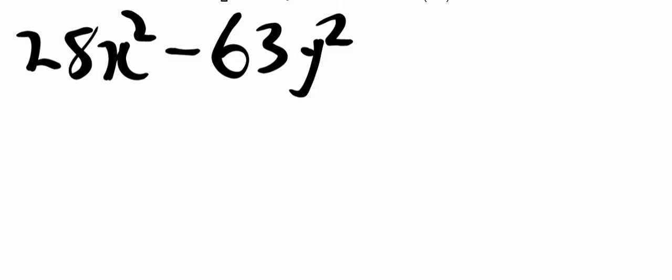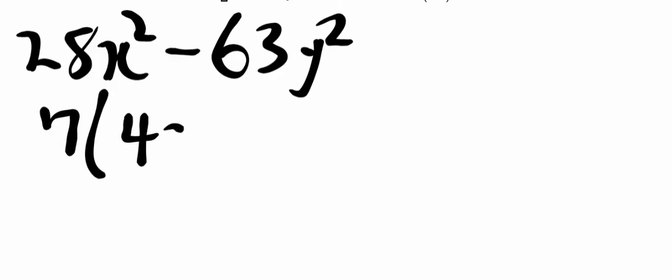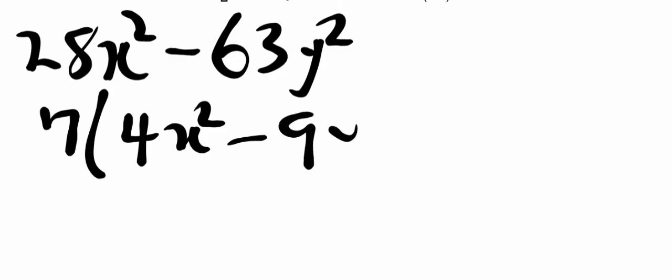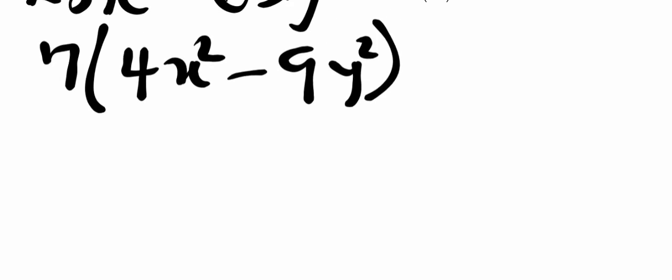Then you look for what is common here now between these two numbers, 28 and 63. What is common there is 7. Because 7 can go in 28, that will be 4. We mean 4x squared inside there. Then minus, what remains here too is 9, then y squared. So by the time you look at this, you can see that 4 can be expressed as 2 squared.